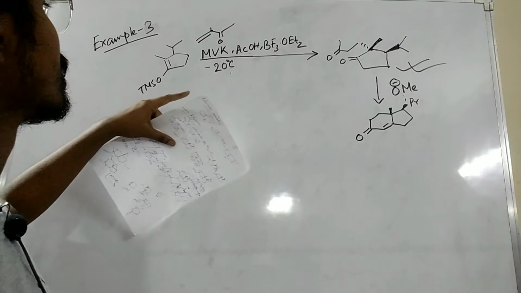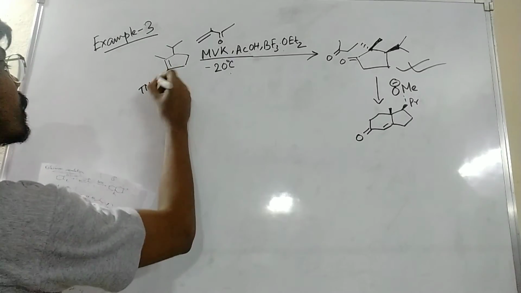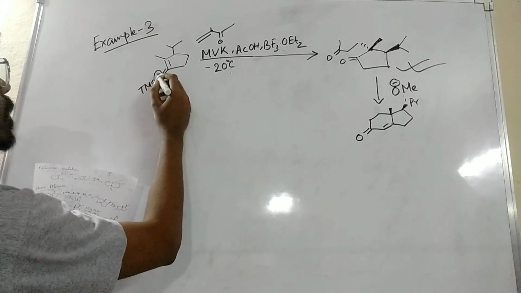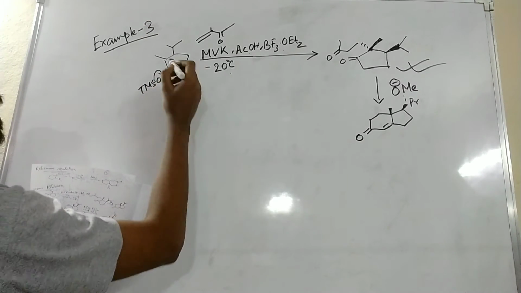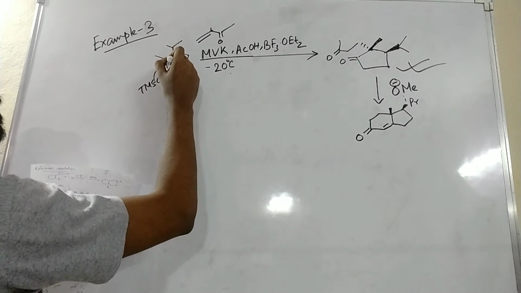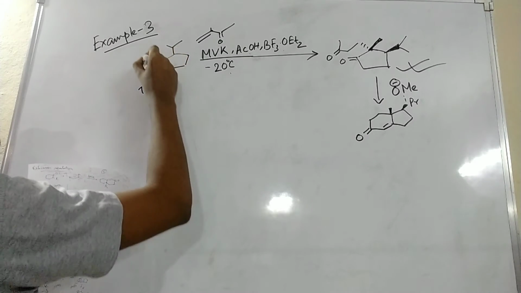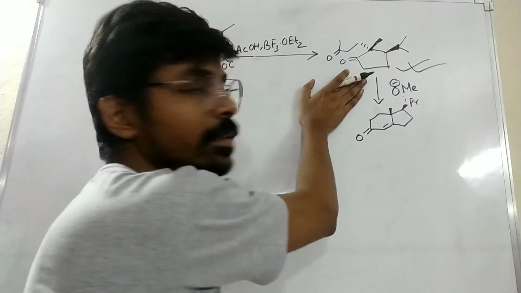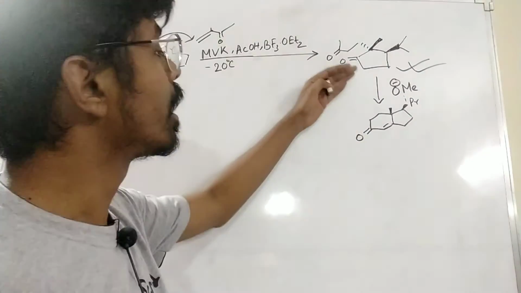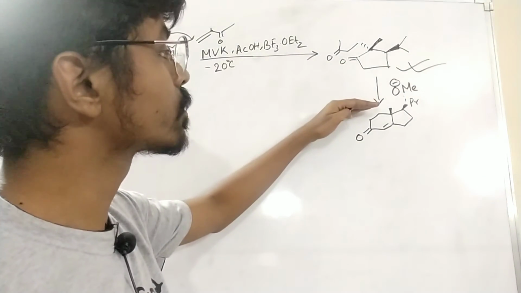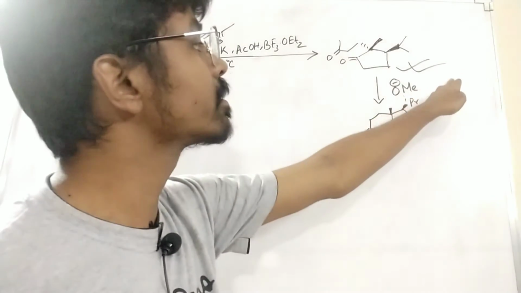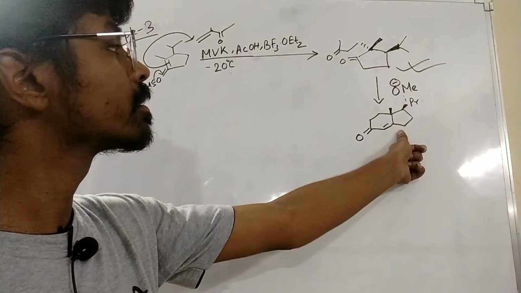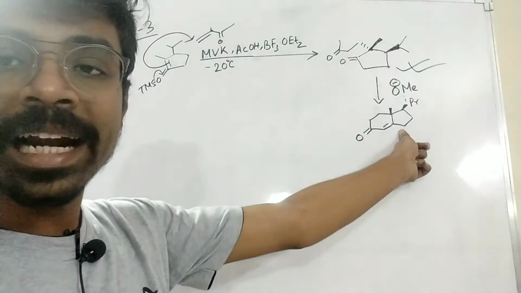Okay, see, from here the electrons from the bond are going to migrate here, and then this bond is going to cleave and it will attack here and Michael addition takes place, right? Then aldol condensation is going to take place using base. Here methoxide is the base and this is the product after aldol condensation.